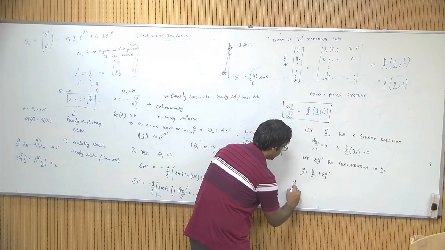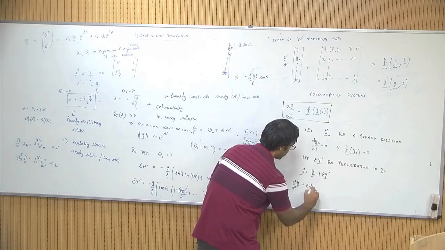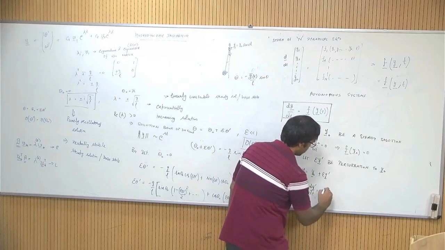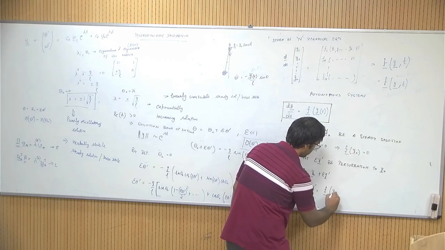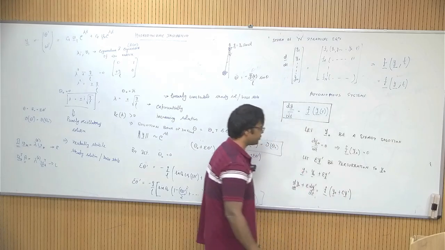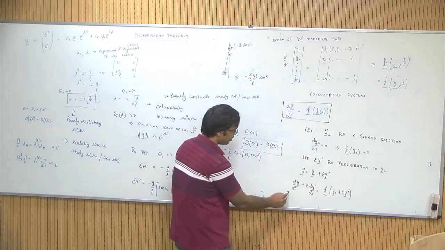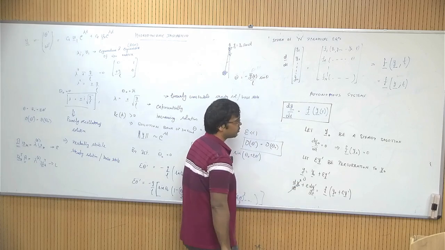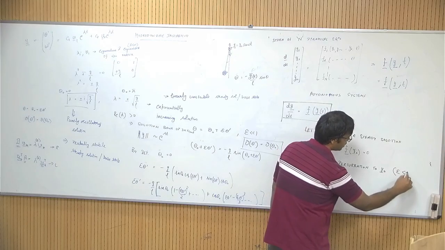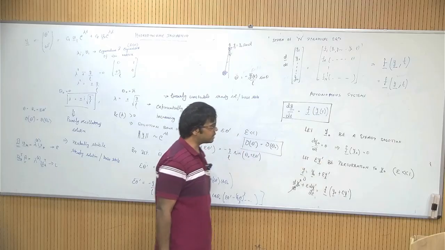We get d by dt of y naught plus epsilon dy prime by dt equals f of y naught plus epsilon y prime. By definition, this term is 0. For the perturbation, I am taking epsilon to be much less than 1.